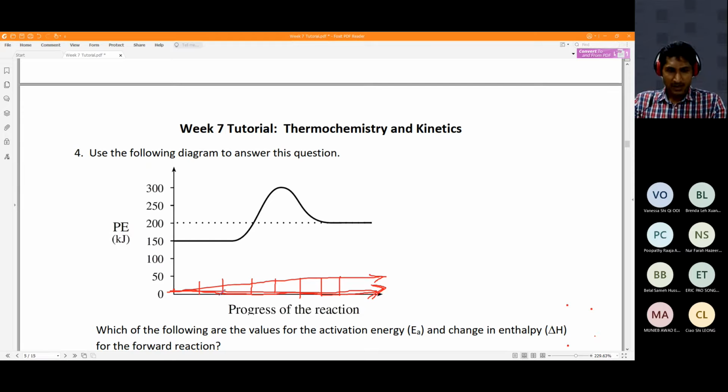Same goes for the progress of the reaction. In the first minute 10% of the reaction occurs, then 20% of the reaction occurs, right? Or how fast the rate of the reaction is going.